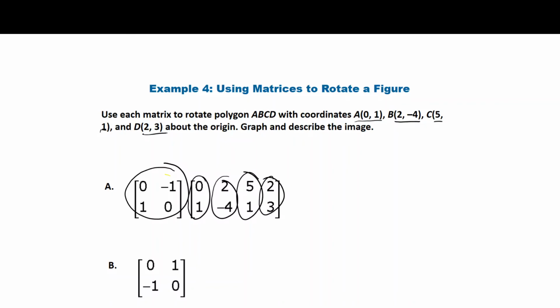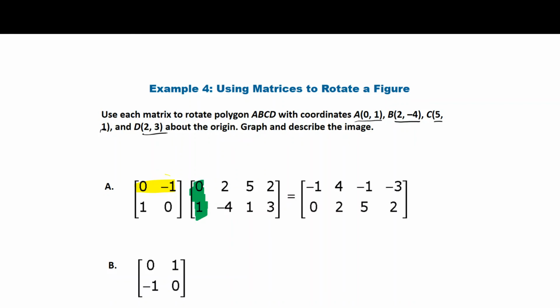All right, so there we put our two matrices together, and now we have to multiply. So remember, when we multiply, we take the information in row 1, and we multiply and add from the information in column 1. So let's go ahead and put our answers in there. 0 times 0 plus negative 1 times 1 is negative 1.